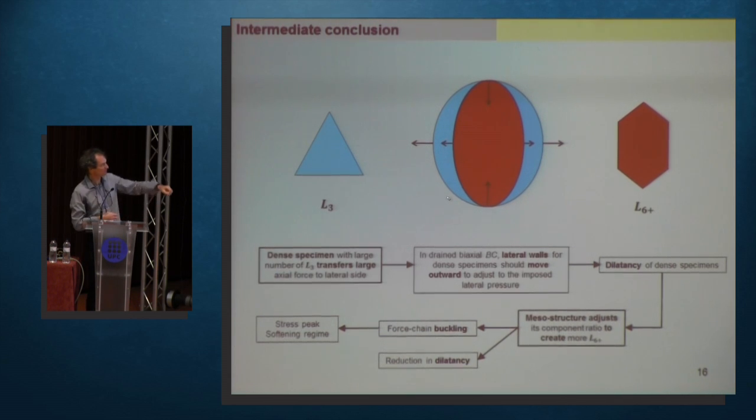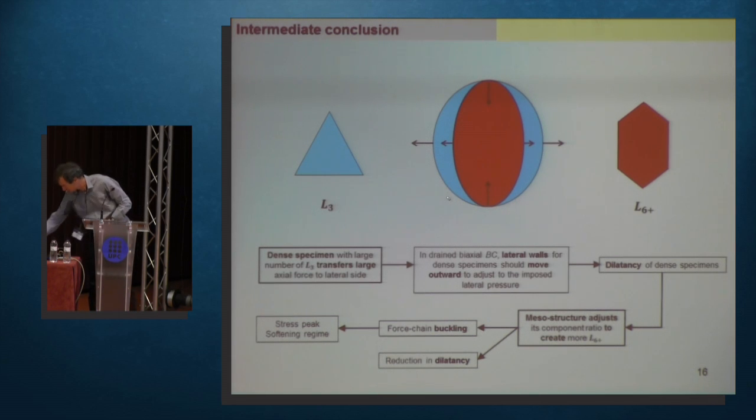So, if you have too much 6-grain structures, the fortune will buckle, and thanks to this buckling, you have a stress peak, a limitation in the strength of the material, and you can observe a softening regime.